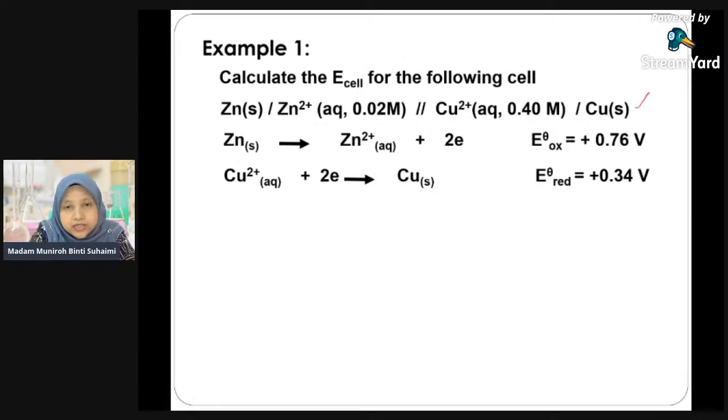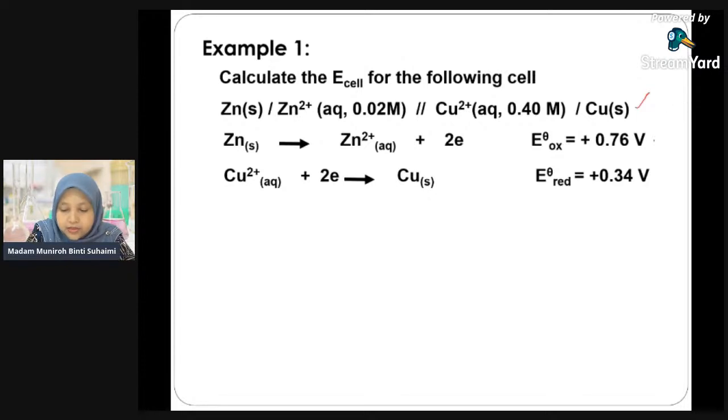From the previous lecture, you have discussed this cell notation. From the cell notation, we have the half cell of zinc and the half cell of copper, and also we have E naught cell.